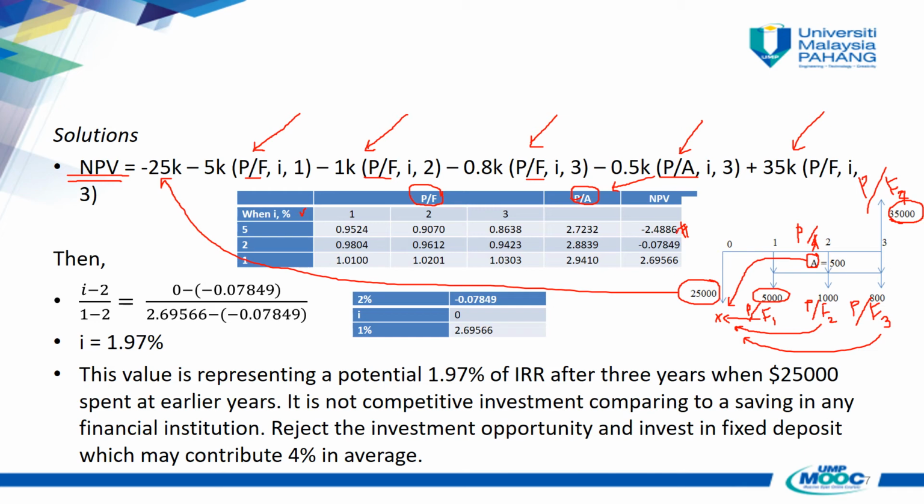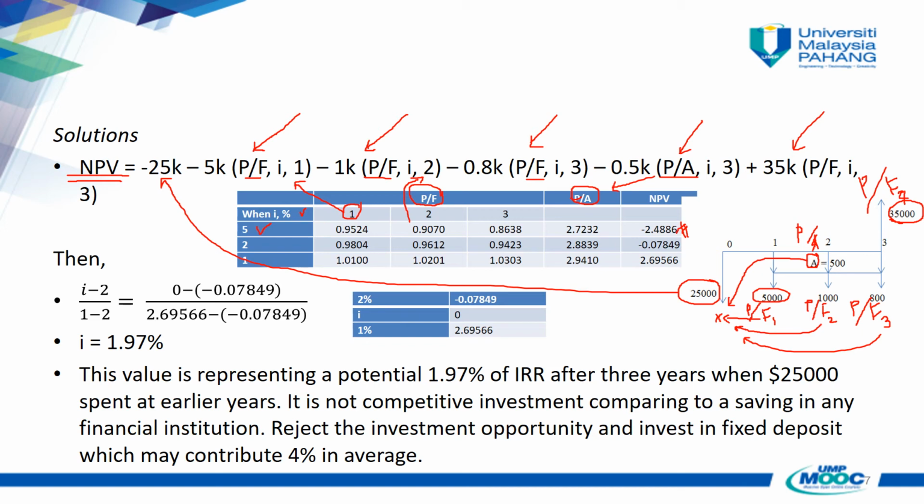So if we see here, we first try to use our 5% interest rate, and then we insert the values from our compound interest table. P over F for 1 year is 0.9524, and then P over F for the second year, and then P over F for 3 years.